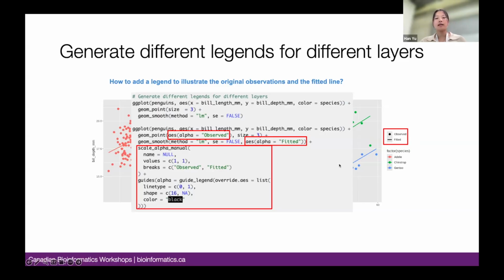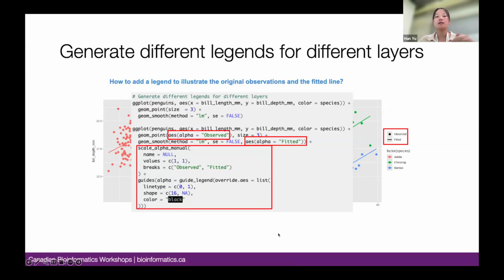Then we later override the alpha with the scale_alpha_manual function, like here, setting the real values of alpha in the two layers to 1, ensuring both layers remain fully opaque. After defining the manual scale, we remove the legend title by setting the name to NULL. We also control the legend order using the breaks, making the observed appear first, like shown here.